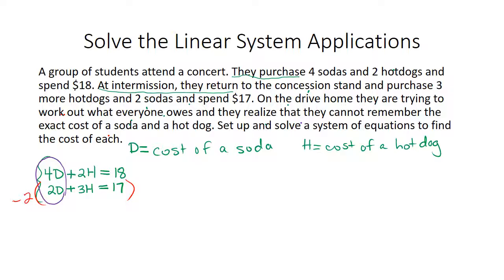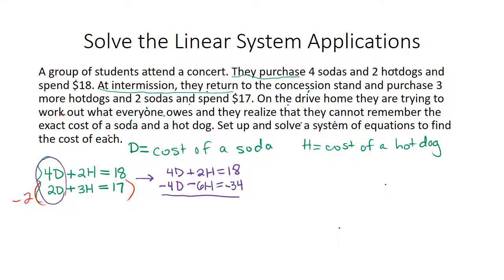So I'm going to have a new set of equations. I'll write them over here. The first one will stay the same. It'll be 4D plus 2H equals 18. And the second one will now become, multiplying through by -2, -4D minus 6H equals, and 2 times 17, that would be -34.